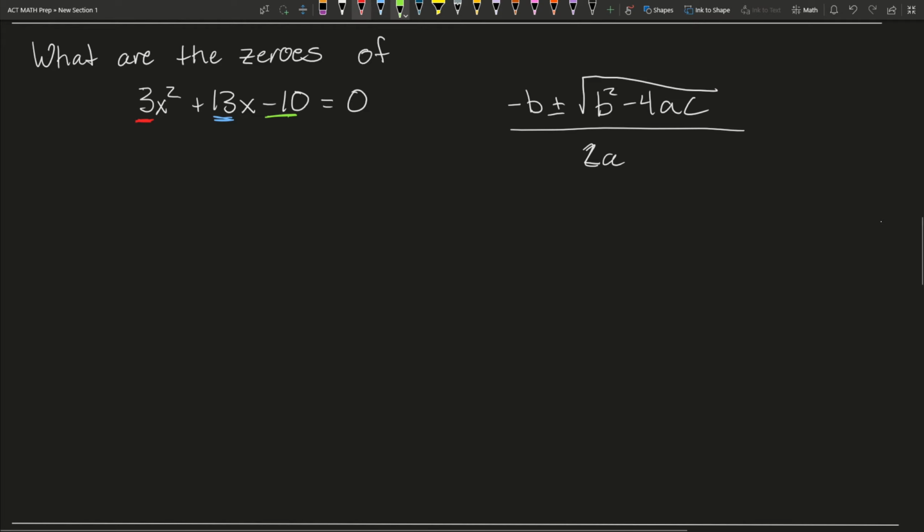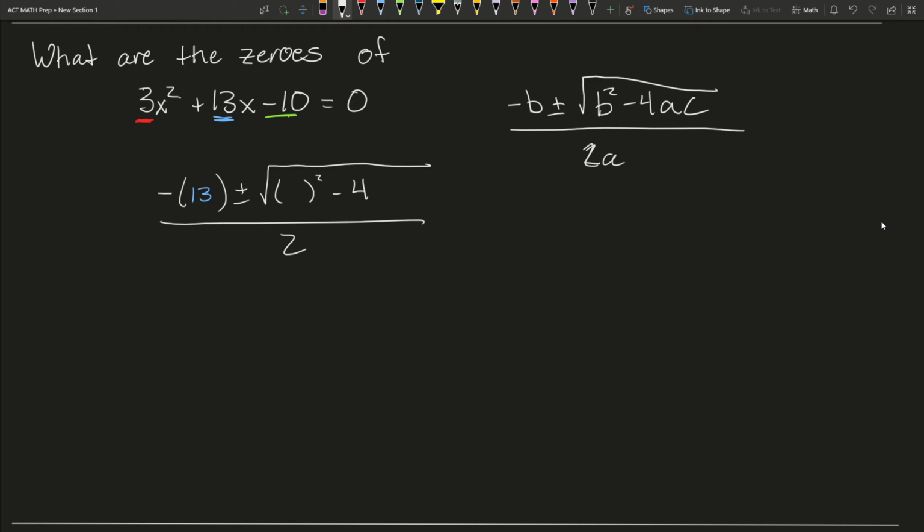All right, so if we just plug those numbers in, we would get negative 13 plus or minus the square root of b squared minus 4 times a times c all over 2a.